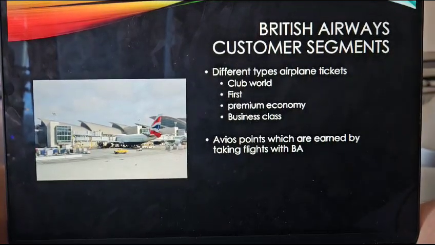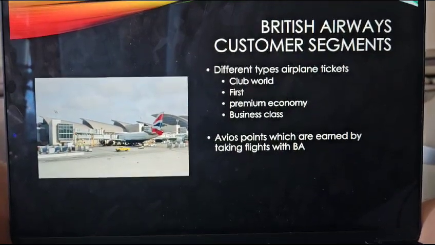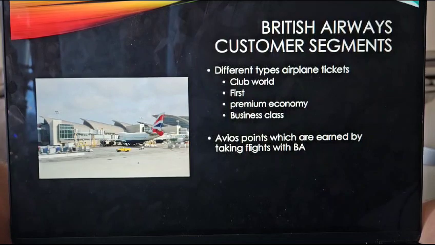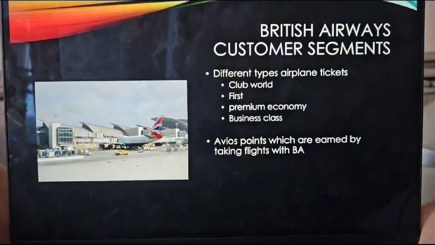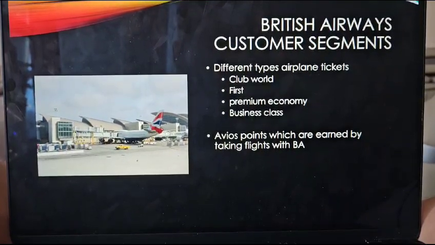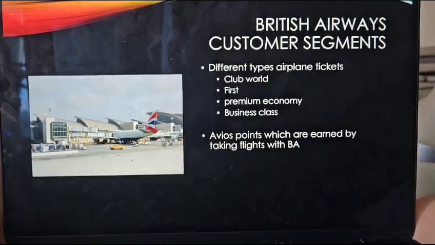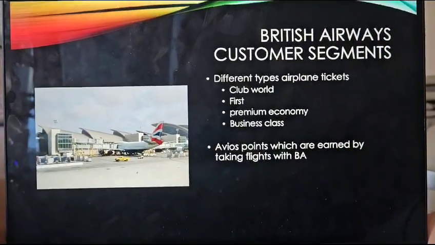Then would come Business Class, then Club World, Premium Economy, and then normal economy seats. Also in British Airways customer segments is Avios points. Avios points are points that you earn while taking flights with British Airways, and these points can be redeemed to pay for British Airways products.